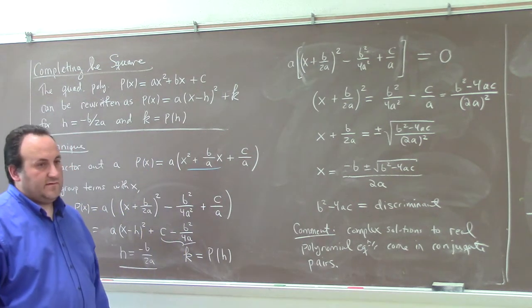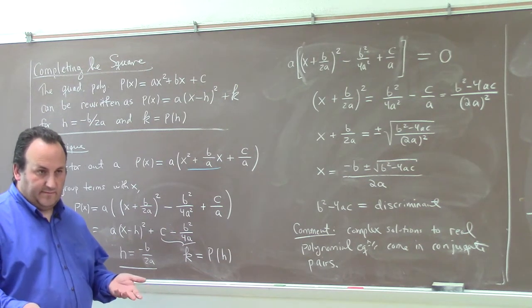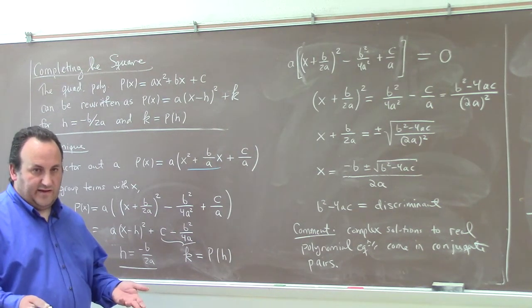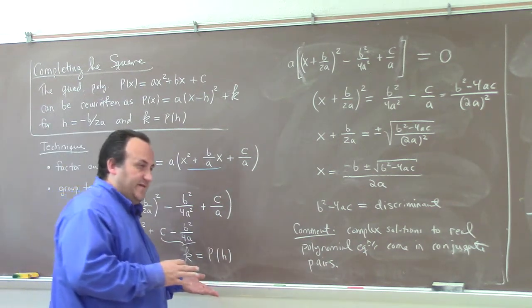Conjugate pairs. You can already see this in the quadratic formula. When the discriminant's negative, we get a conjugate pair: plus and minus the same imaginary piece.